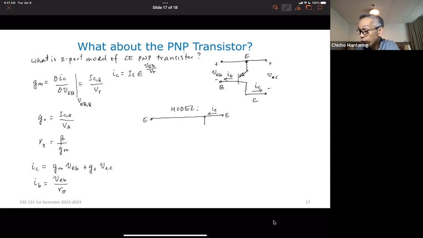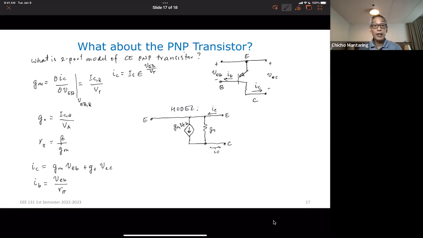One is going to go through G sub O, and the other is going to go through a controlled current source whose value is G sub M VEB. And then it's going to flow out this way.